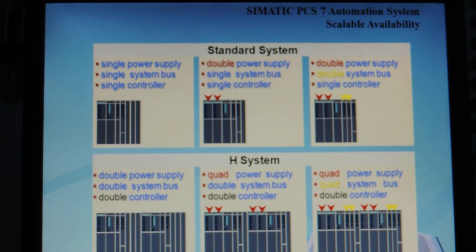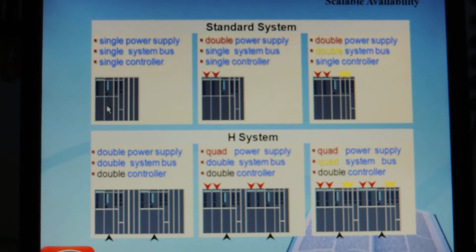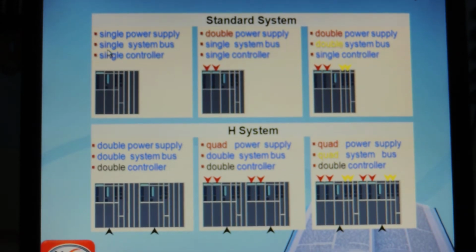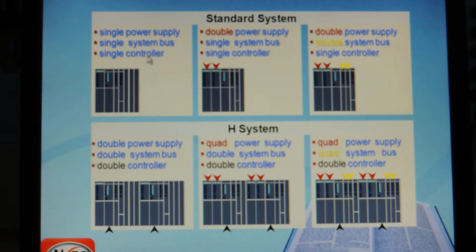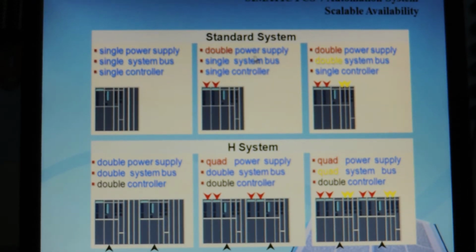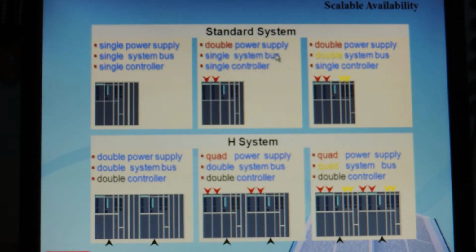And this is another important slide, the standard system. See, in the standard system we have a single power supply, single bus system, single controller. And in this one we have a double power supply, single system bus, single controller.